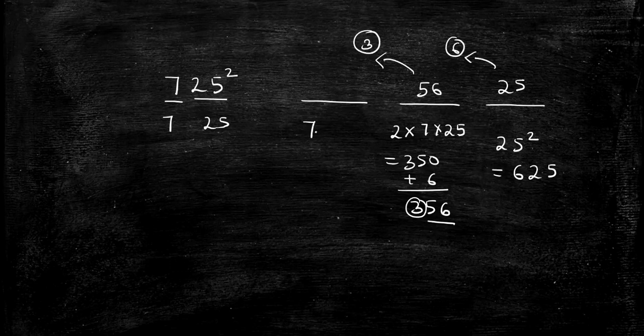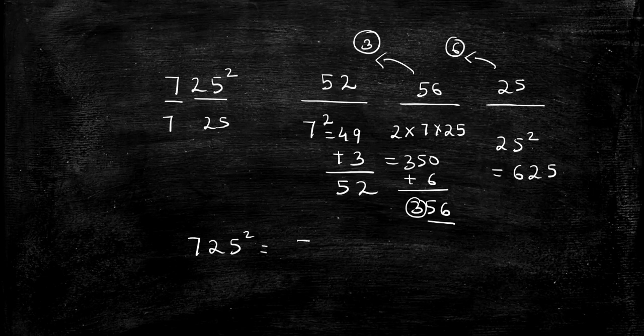And finally, we have 7 square, which is 49, plus 3, which is 52. So here it would be 52, and thus you get 725 square is equal to 525625. I hope this video was helpful in quickly finding the squares of any 2-digit and 3-digit number.